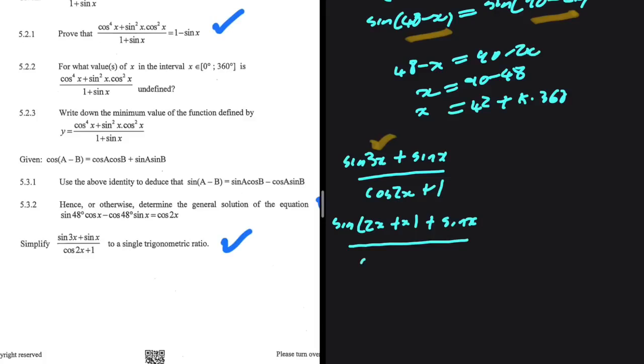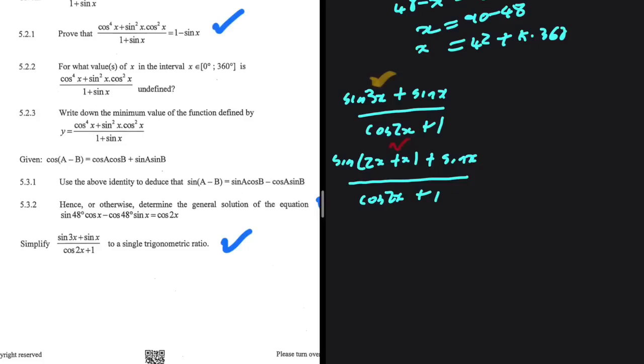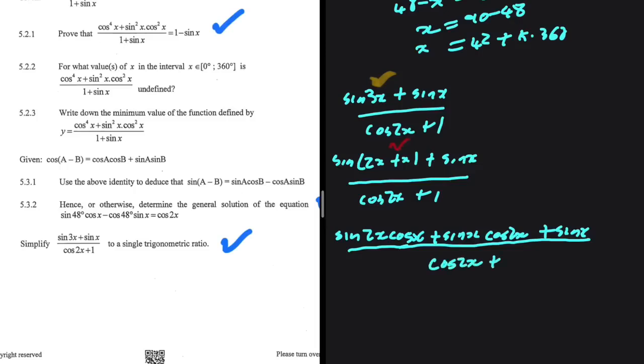If we expand sine of 2x plus x, this will give us sine of 2x cos x plus sine of x cos 2x plus sine of x. We just expanded sine of 2x plus x. Everything divided by cos of 2x plus 1.